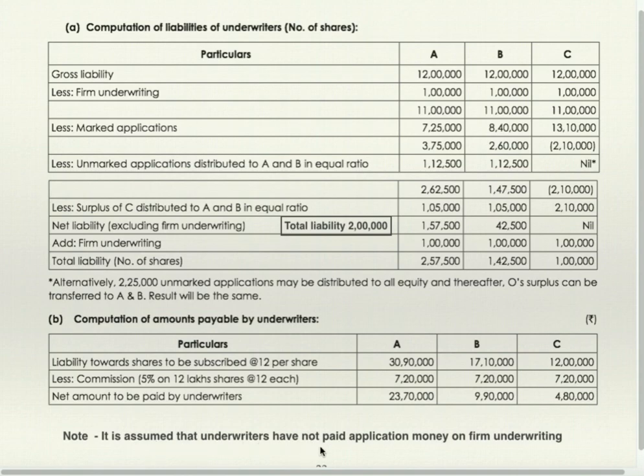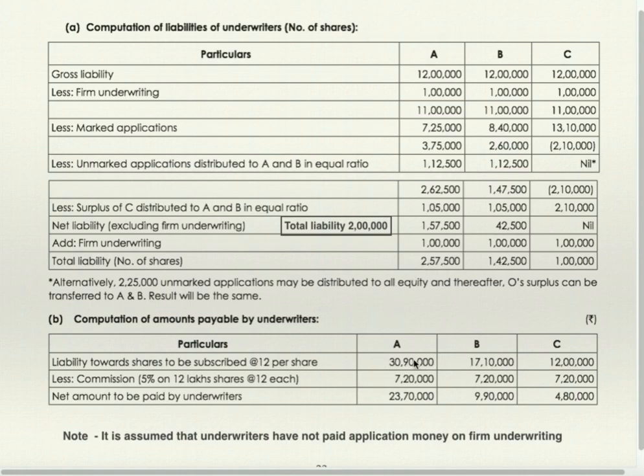It is assumed that underwriters have not paid application money on firm underwriting. Firm underwriting is 1 lakh shares each. In this particular case, we have assumed that they have not paid application money on firm underwriting because the liability we have calculated is the total liability multiplied by 12. 1 lakh into 12, 1,42,500 into 12, 257,500 into 12.